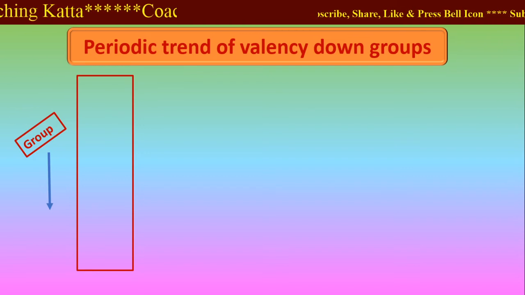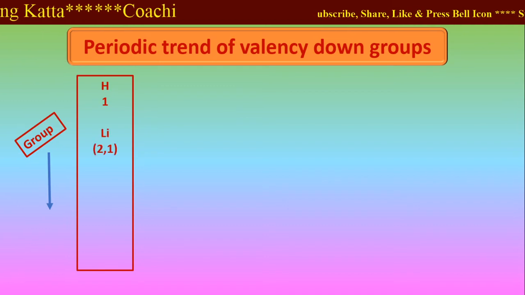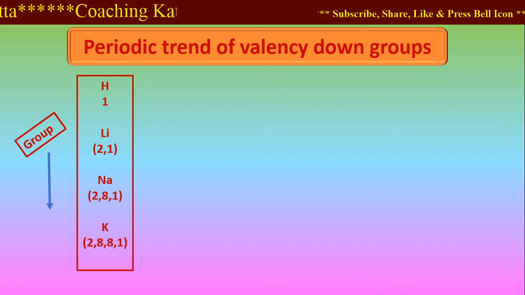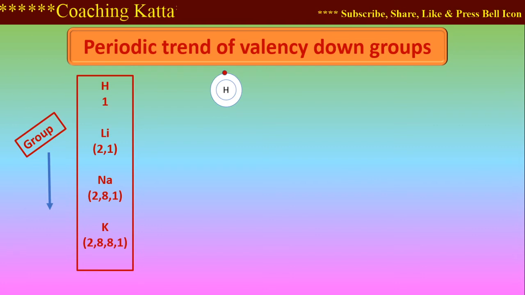The configuration of the elements is given: hydrogen, lithium, sodium and potassium. These are first group elements. Now see the diagram of electronic configuration of these elements.